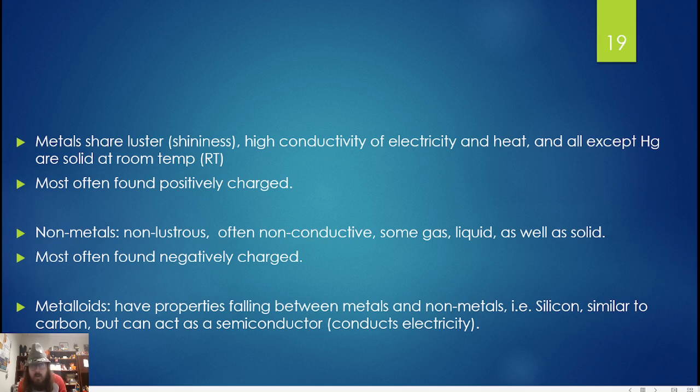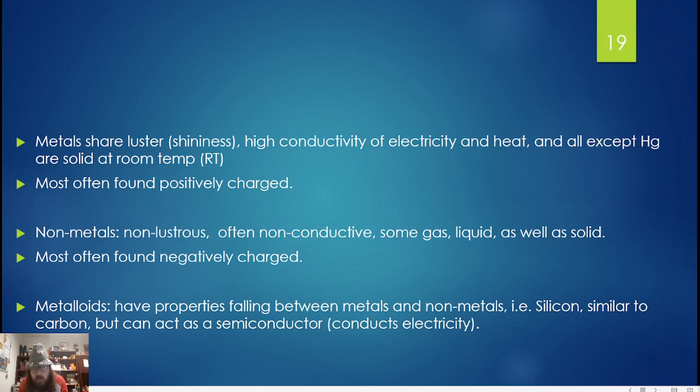And in between, we have the metalloids, which means they have metal and non-metal-like properties. Nonmetals typically like to form covalent bonds with each other. Silicon, similarly, likes to form covalent bonds in a similar way to carbon.